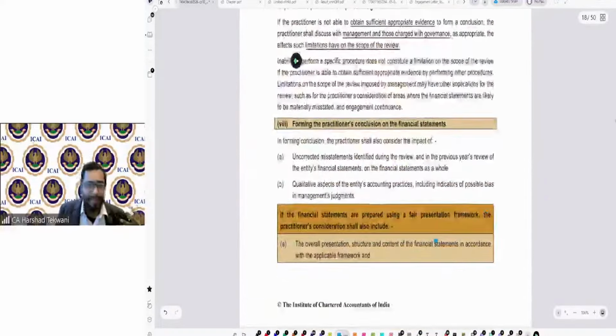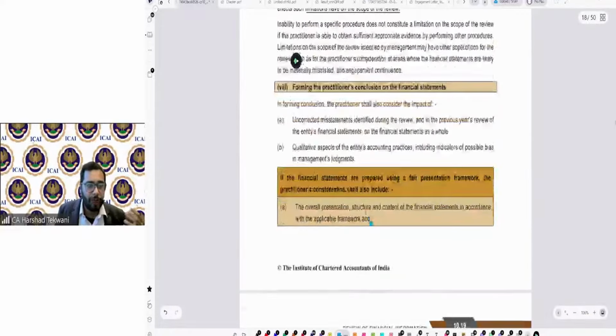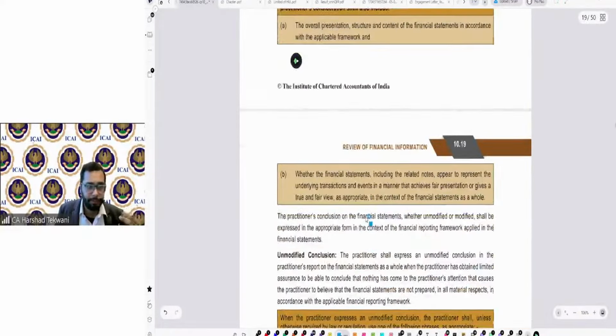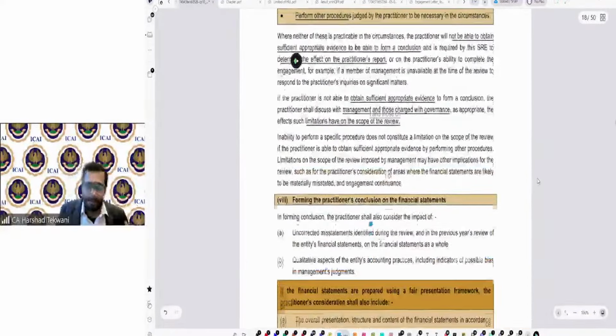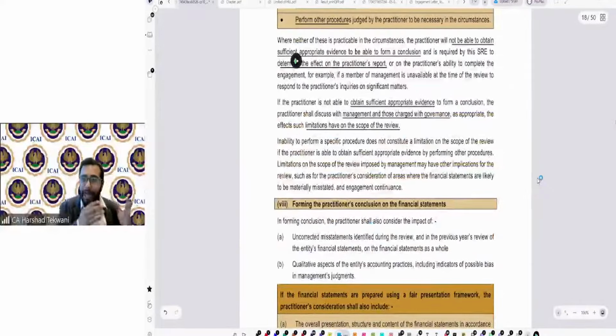So we have discussed all these areas with respect to SRE 2400 and how they are embedded into the SRE for the limited review engagement, that is, how the normal auditing concepts are modified and incorporated within the SRE for limited review purposes. That is what we have discussed till now.